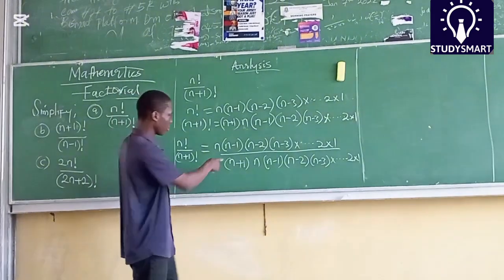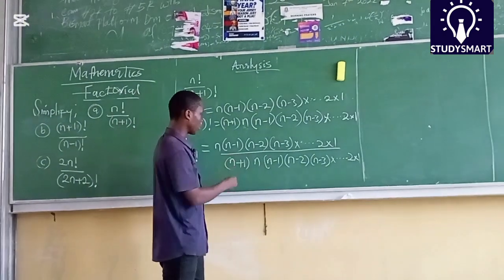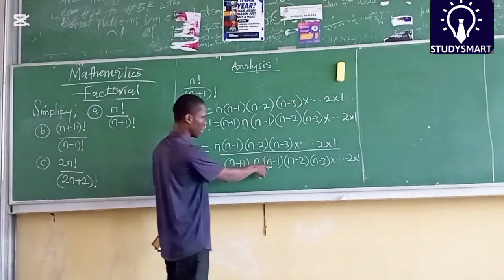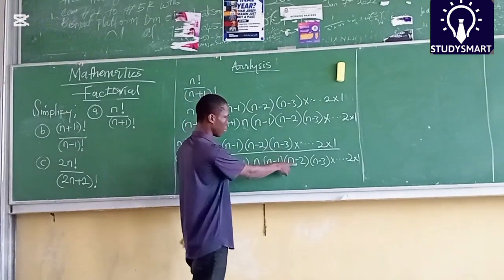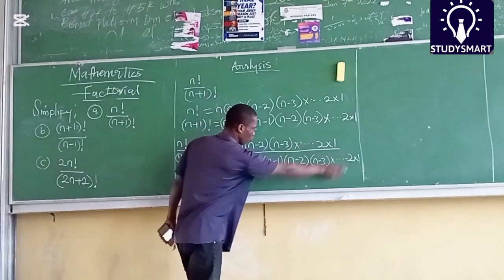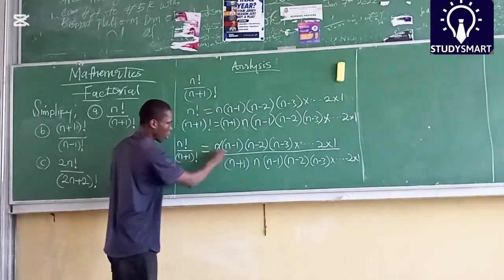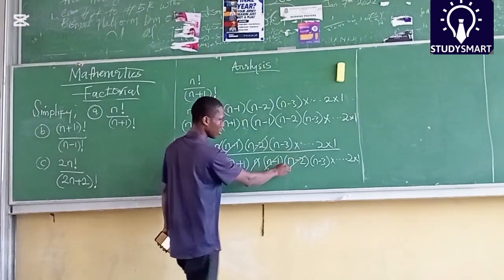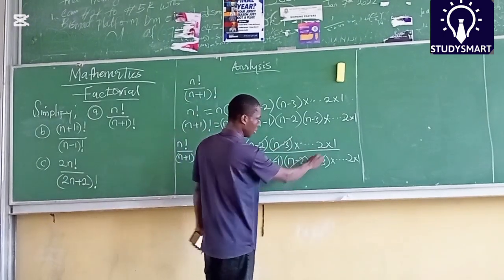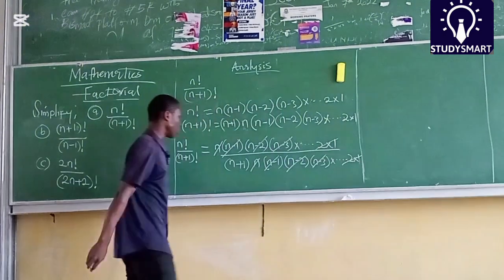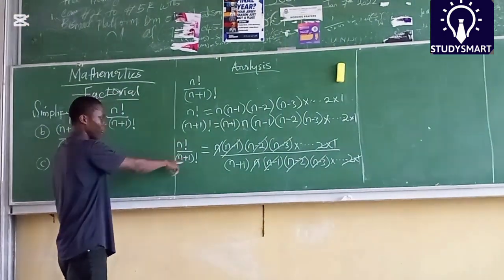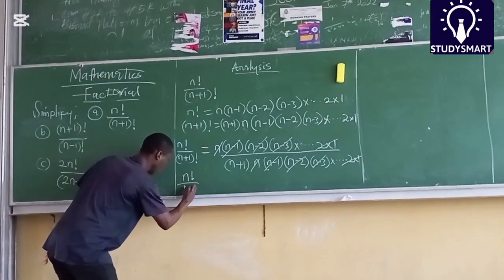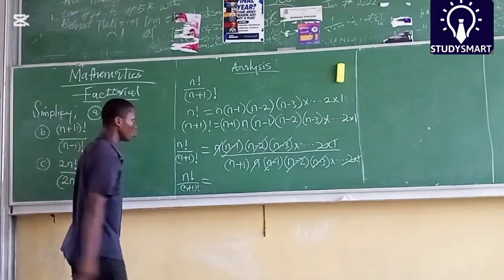All right, so let's check the numerator and the denominator. There are things that are common: n, n minus 1, n minus 2, n minus 3 down to 1. So we are going to cancel them out. It means that n factorial over n plus 1 factorial is equal to what is left.